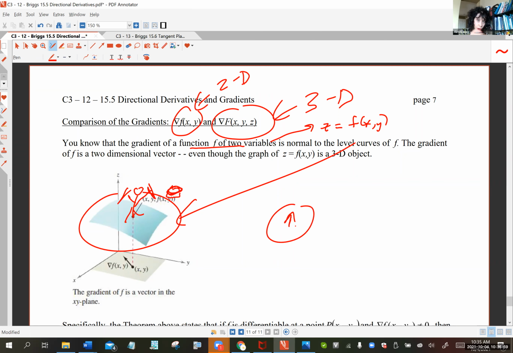You have on your palm a flat compass pointing you in which direction to go if you want to maximize your slope. So the gradient is 2D, which is weird because here you are on a 3D surface, but you need a 2D vector to point you in the direction you need to go to maximize your slope. That's interesting.